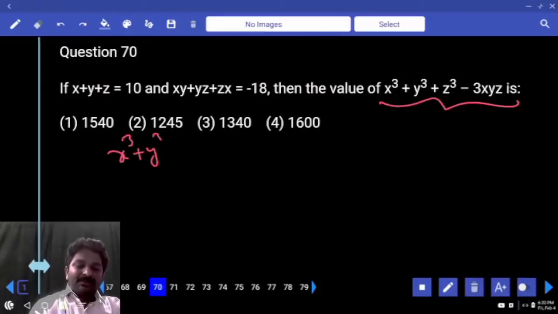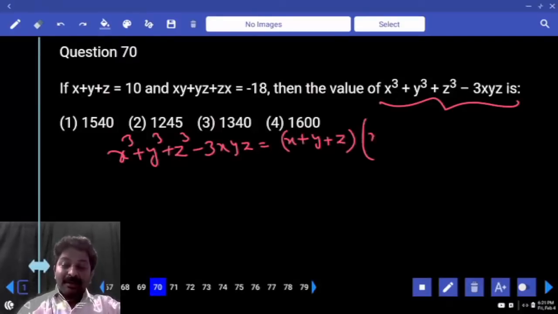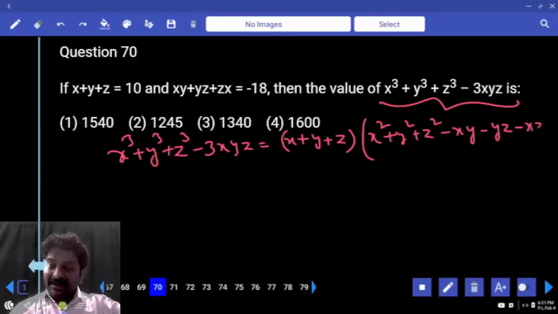X cube plus y cube plus z cube minus 3xyz can be written as x plus y plus z into x square plus y square plus z square minus xy minus yz minus xz. Correct? Correct.